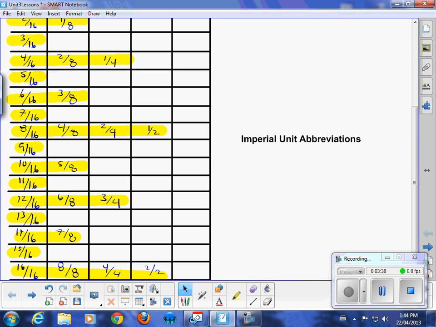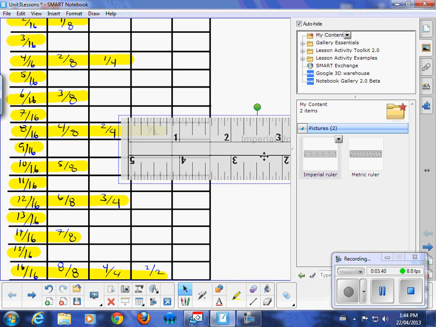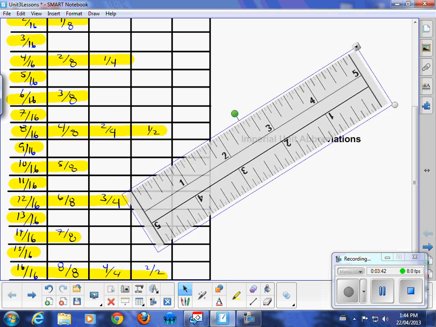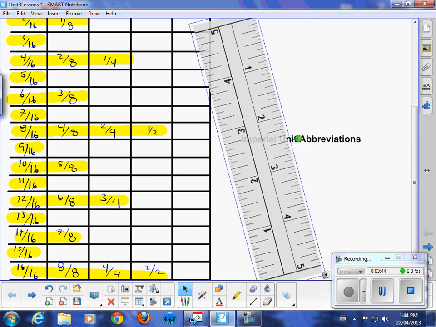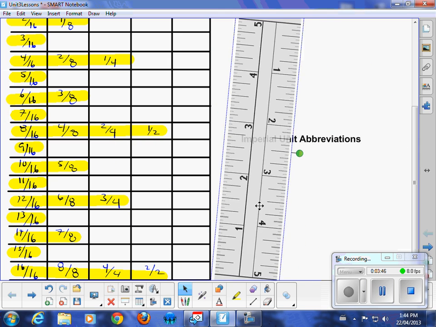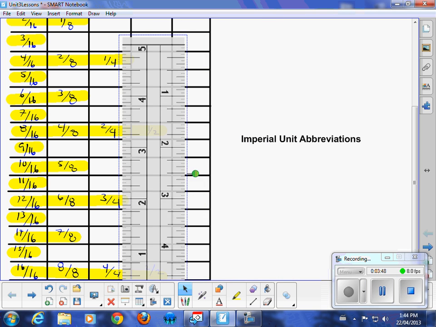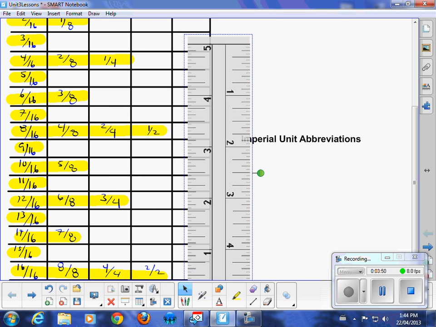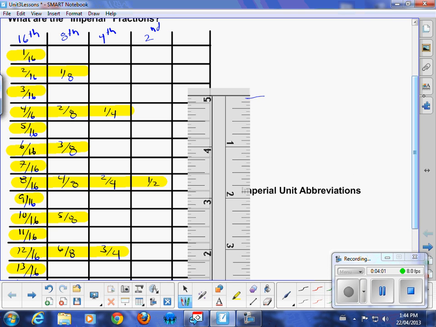So, pulling out my imperial ruler really quickly, and we'll match it up here. Oops, got to go the other way. There we are. So you can see, looking at the ruler, there's a 16th. The one that's a little bit longer matches up with, let's scroll up a little bit here.